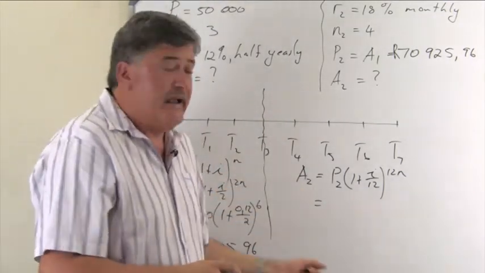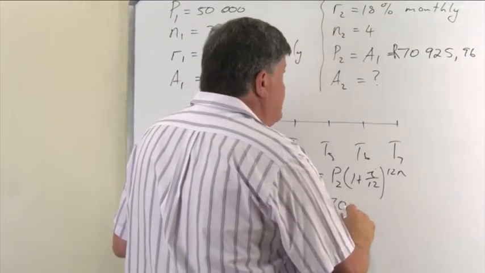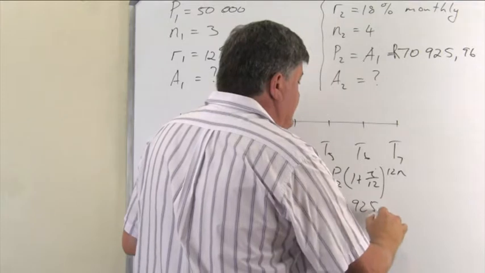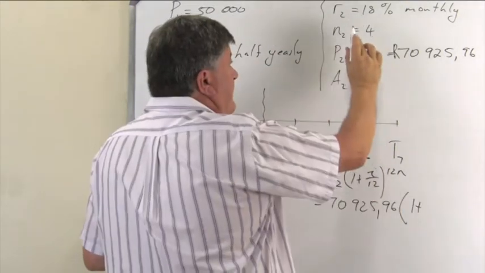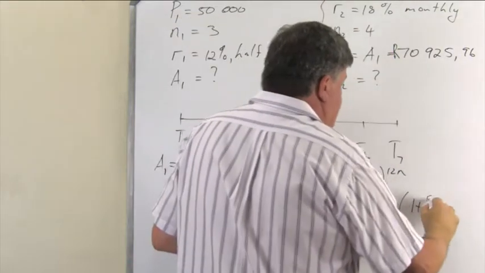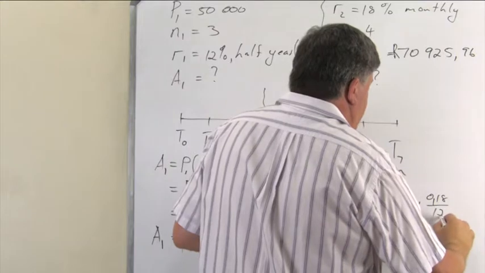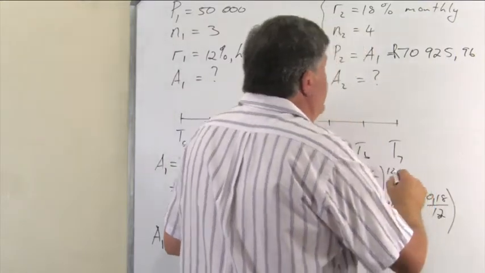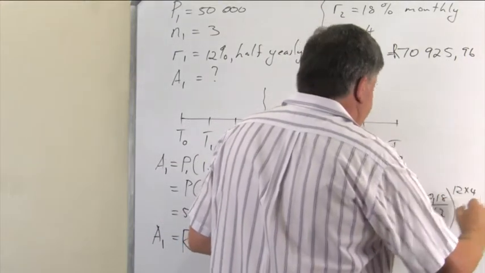So the P2 that we're going to substitute is the 70,925.96. 1 plus my interest rate here is 18%, so 0.18 over 12 because this one is monthly. And then the number of years, 4, so it is 12 times 4.